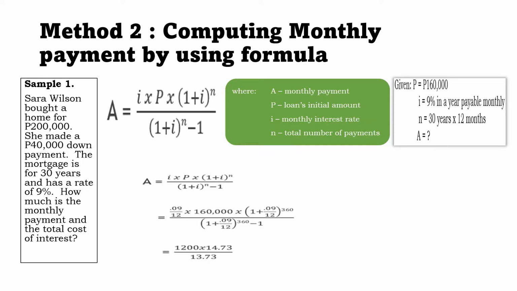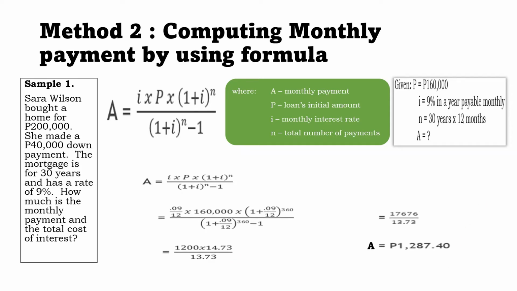To compute, let us substitute. The interest is 9% divided by 12 since we are going to pay monthly, but the rate given is annual. Multiplied by our principal and by our interest factor, and divided by the interest factor minus 1.